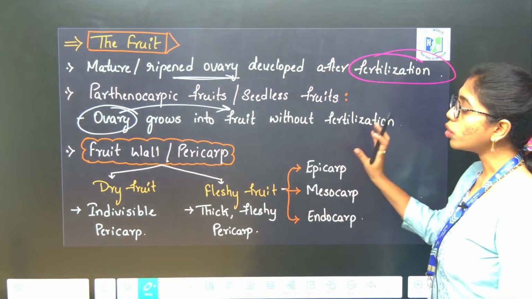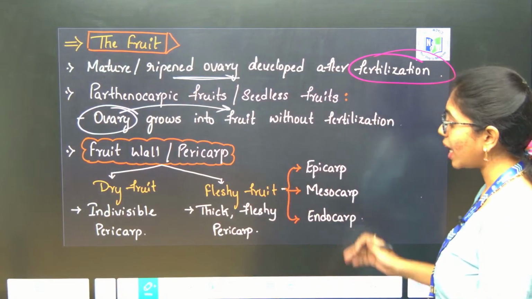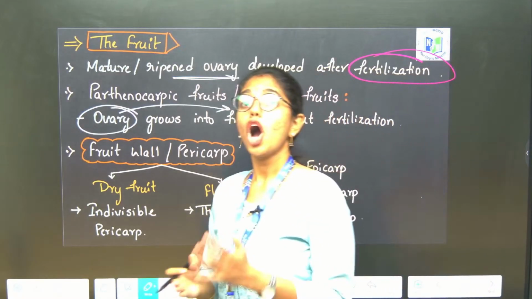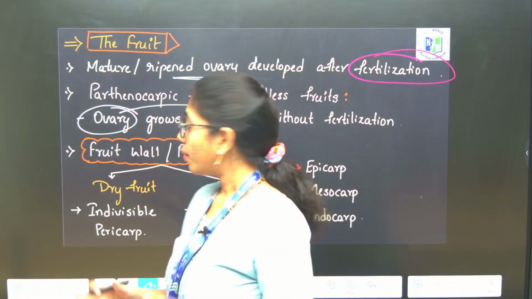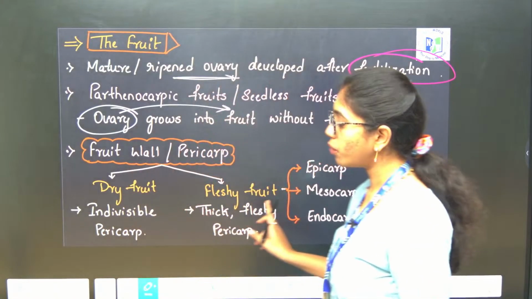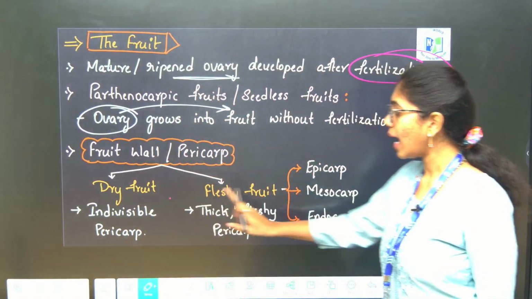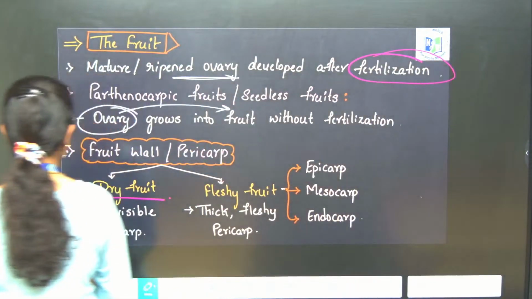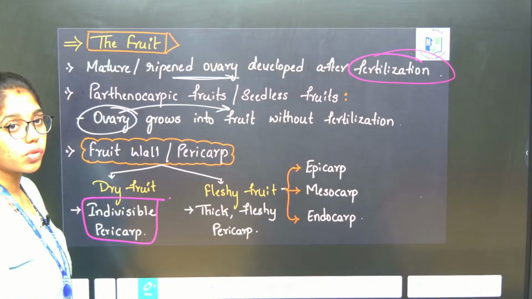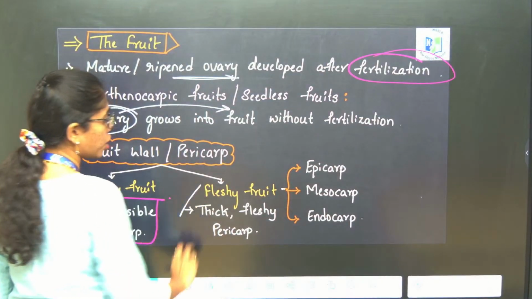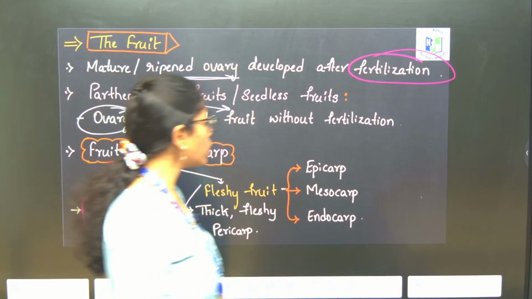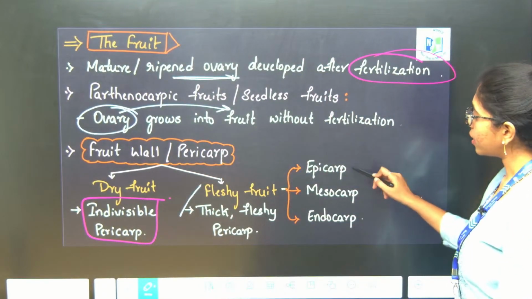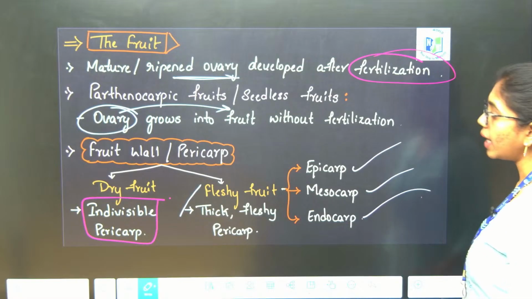Here the fruit wall or pericarp, based on whether it is having a divisible pericarp or indivisible pericarp, we have two different types of fruits. One is dry fruit and second is fleshy fruit. Dry fruit will have indivisible pericarp, fleshy fruits will have thick and fleshy pericarp, wherein fleshy fruit has three layers of the fruit wall, that is epicarp, mesocarp and endocarp.